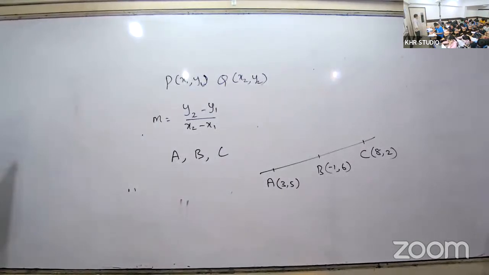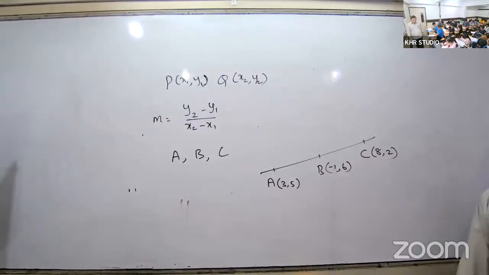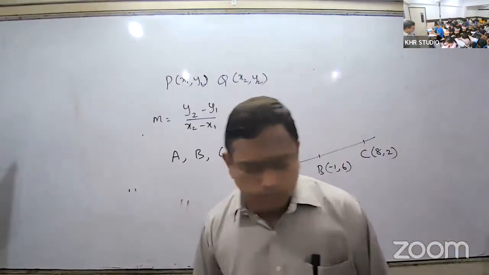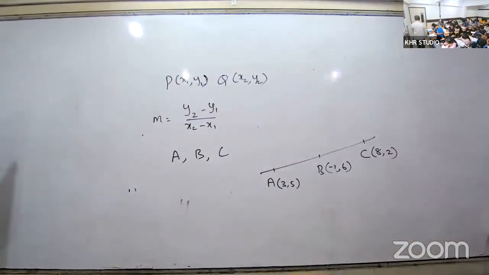And what is the next statement? As B is a common point, the points are collinear.